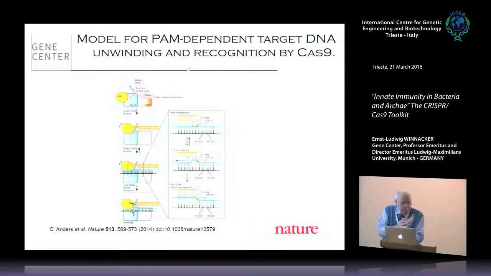Kind of comes together, the 2 things. And it is now known where the PAM recognition sequence is, and how the 2 RNAs together with Cas9 recognize the DNA and cut it into pieces, and the amino acids are already known. Here is this peculiar PAM sequence with the 2 Gs. I mentioned in the beginning of my presentation, you need this NGG sequence, you always need it.